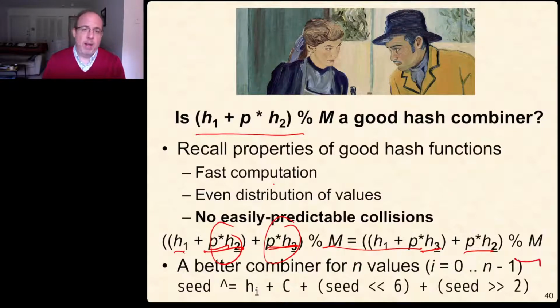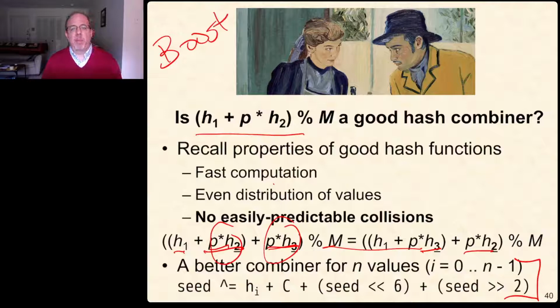This is the combiner I alluded to earlier that's in the Boost library. The Boost library combiner takes a sequence of elementary components, an integer, a double, a string, a container, things for which the individual hash function is defined, and combines them using this particular function.